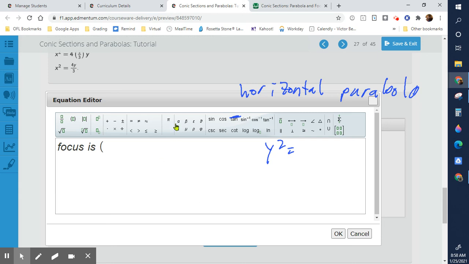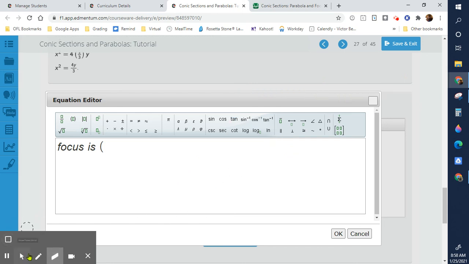Normally, when it's a vertical parabola, we would add it to the y value. In this case, because it's horizontal, we add it to the x value. And you can think about it logically. If your parabola's like this, your x value is changing when you do the focus. I had it right in my head. I just said it out loud, and I apologize for that. So because it's horizontal, we're adding it to the x value.